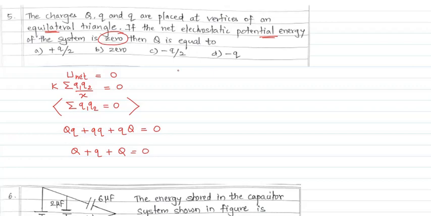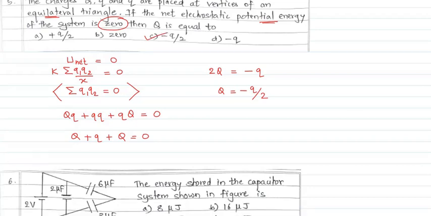You are required to find capital Q, so you'll have 2q is equal to minus q. Then finally Q is equal to minus small q by 2. So check the option. Answer C. Option C is our answer.